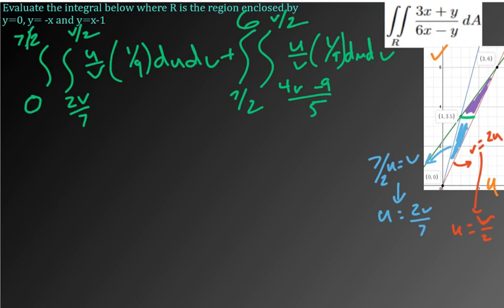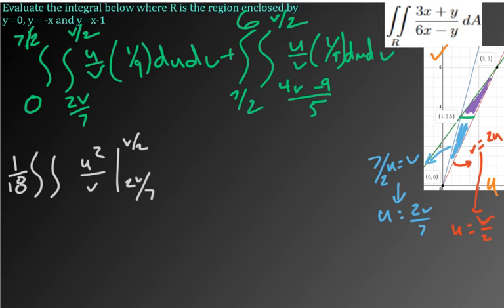Now you finally actually have a thing that you can integrate. It's actually not a bad integration at this point if you do du dv, because I'll show you this one quickly. If you do the double integral here, you're going to do u squared over 2, but we also have a 9th, so we can pull those constants out as an 18th. And then we've got a v, and we're going from 2v over 7 to v over 2, with dv.